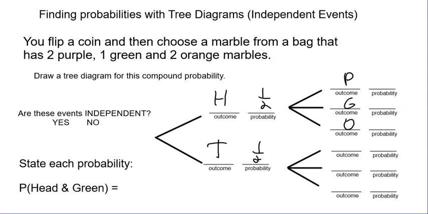Now, how many marbles are there total? 5. So for purple, there's 2 out of 5. For green, there's 1 out of 5. And for orange, again, 2 out of 5. And the same thing here.